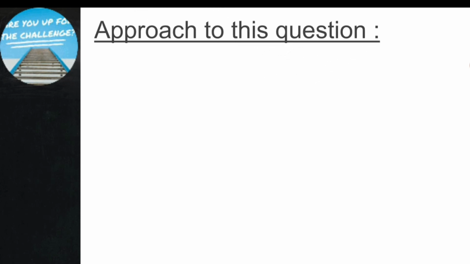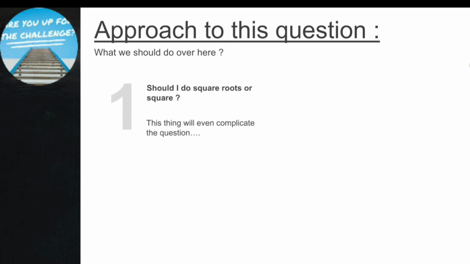So once again, what approach should we take to this question? The first thing we can think of is whether I should take squares or square roots, to remove the root part and simplify the question. No, because it will make the question even more complicated.